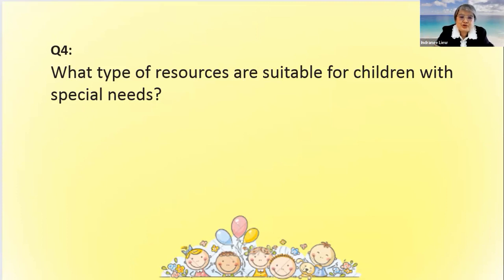So resources, actually anything that you can make into an activity is fine. One of the things that you can do is this. Look at the worksheets that you are using.